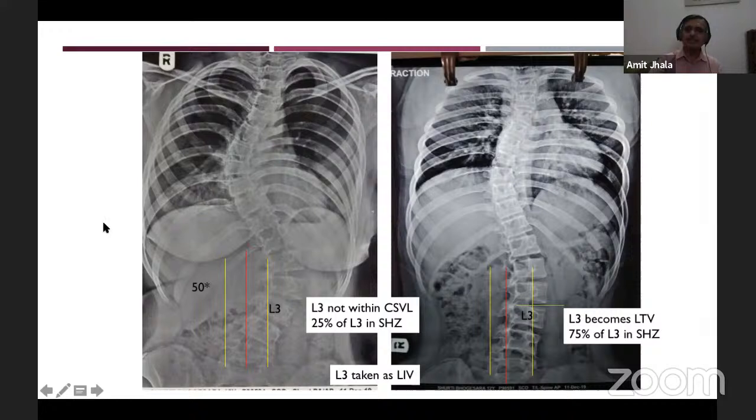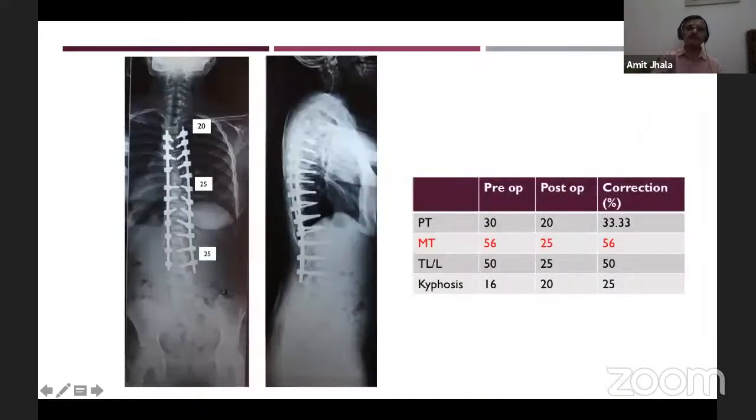So I used that criteria of Truga, which was quoted in the previous paper, and took L3 as the lower instrumented vertebra in this patient, and this is what I got with correction. I left the proximal thoracic curve, I even left below, and just went up to L3. There is some tilt there, but on the whole the patient is quite happy. So we got a fairly good correction.